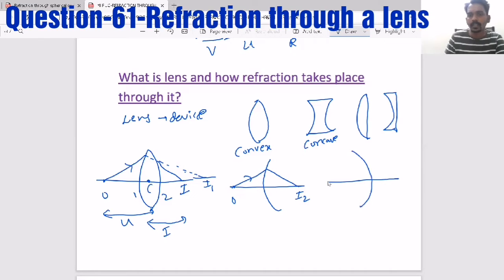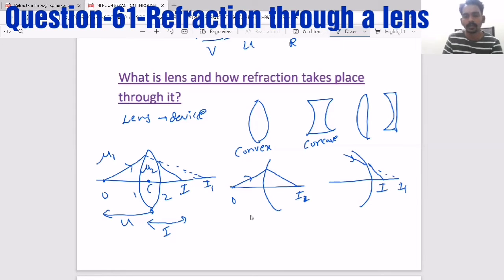Now for the second surface, this ray will act as the object. This is I1, and here it undergoes refraction. Then it forms the final image. So I1 is the virtual image of the first surface and the virtual object of the second surface, which does not form outside but inside the media, like this medium mu1 and this medium mu2.